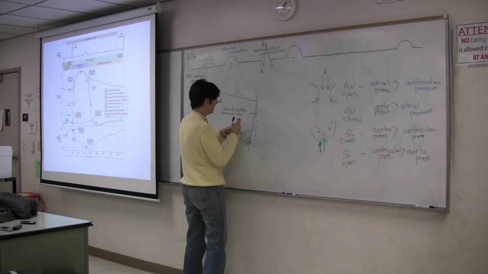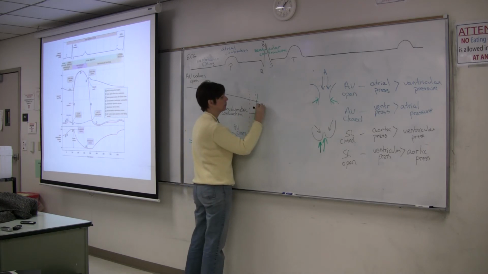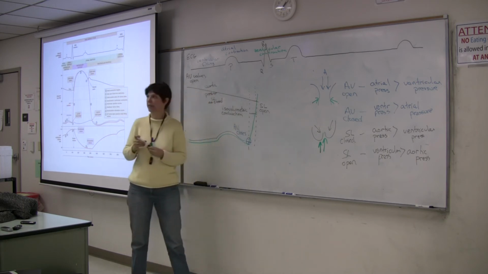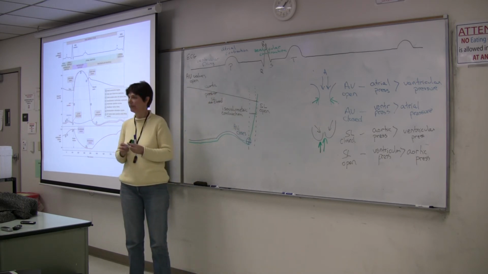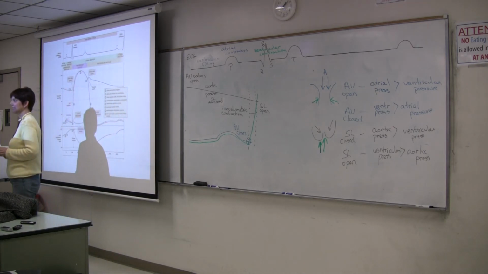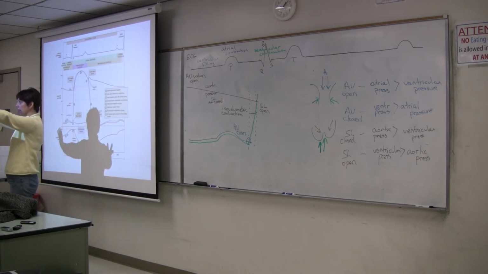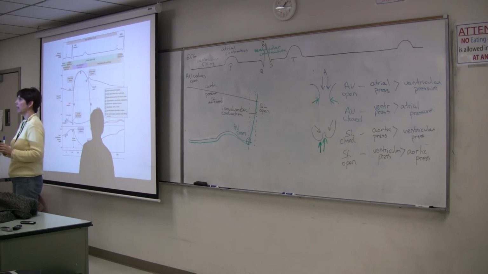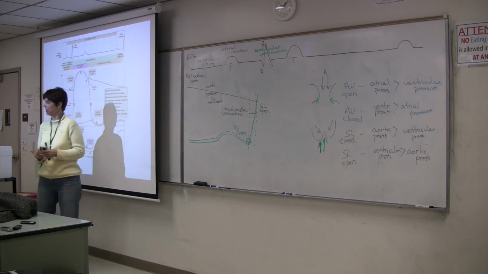So at this point, my semilunar valves open. And what's going to happen to the blood in my ventricle? It's going to go out into the aorta. Okay? That's what we call ventricular ejection.